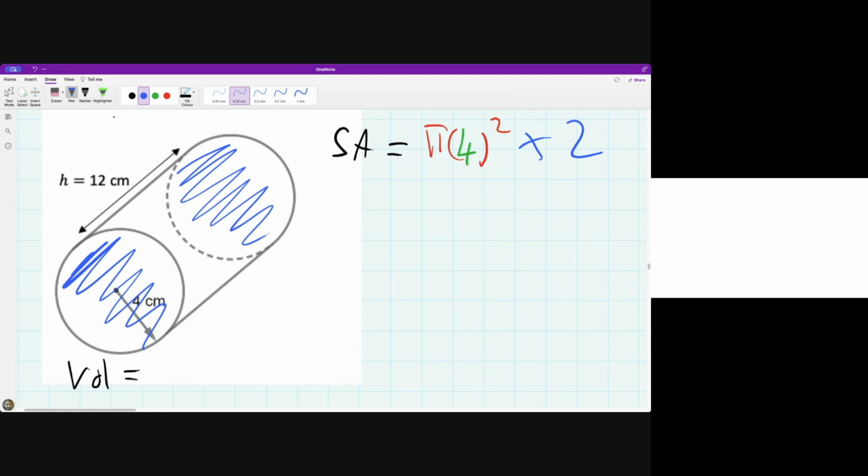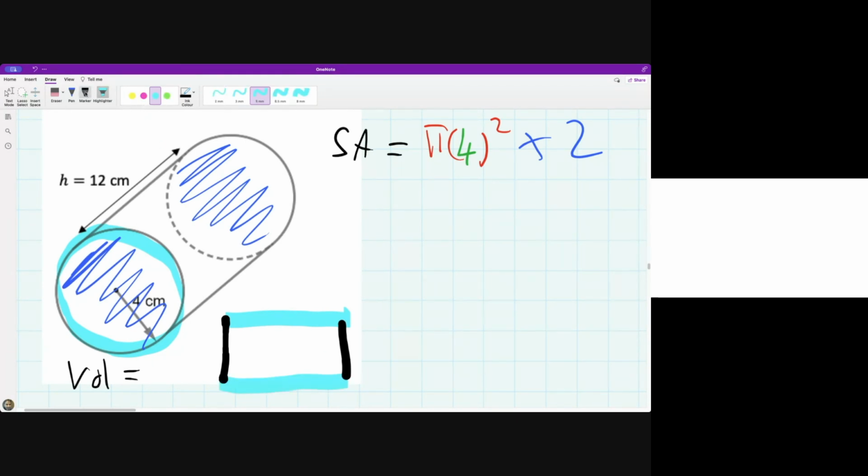But what about this bit, which is connected to a rectangle? Now I need the circumference. What's the circumference?